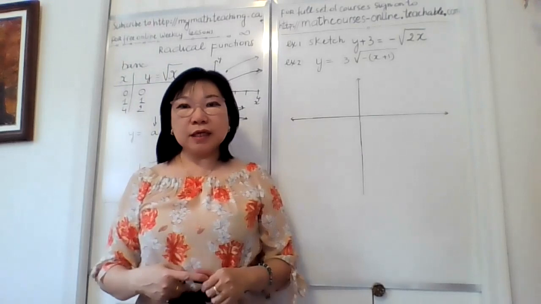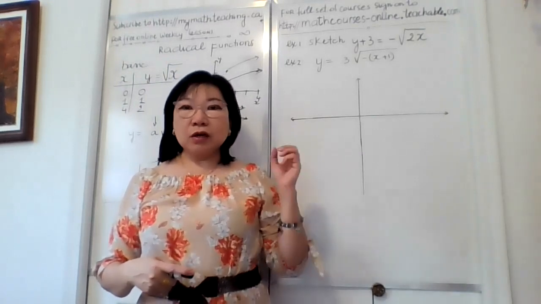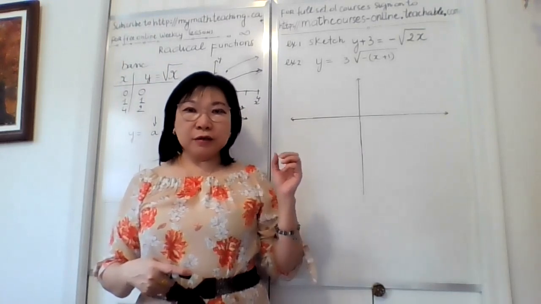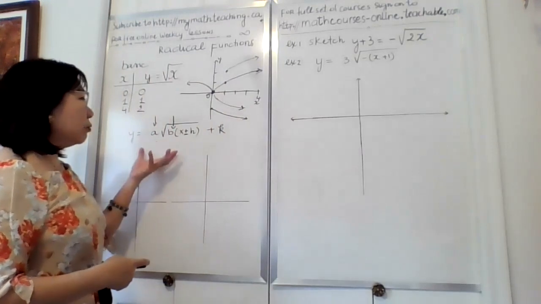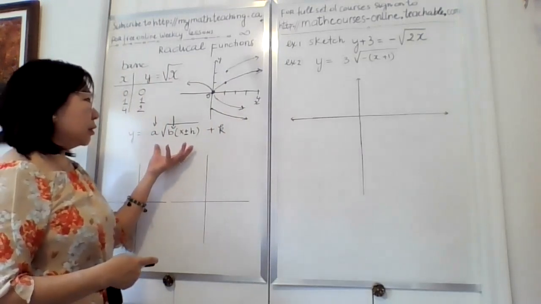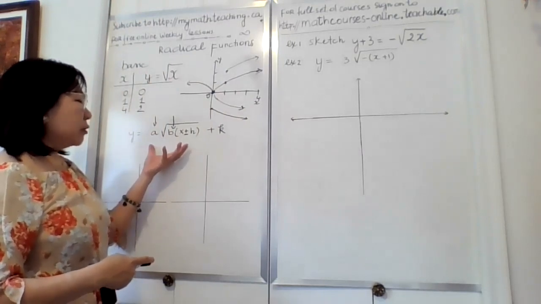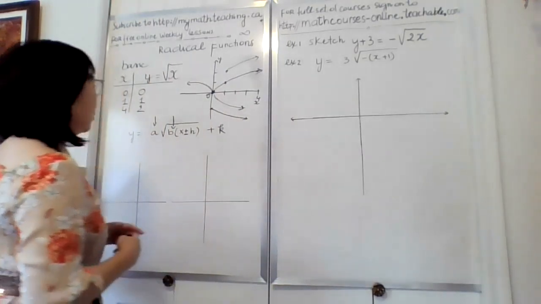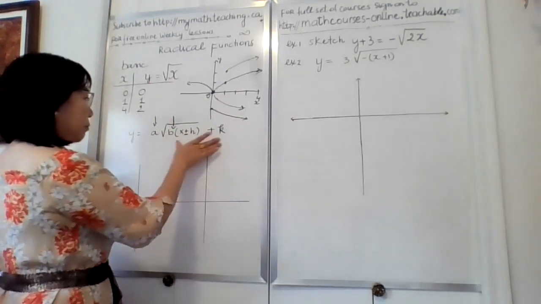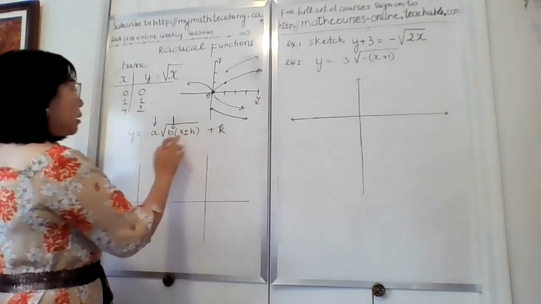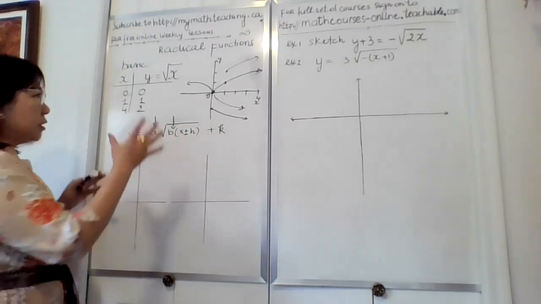In the next lesson, I will show you how to sketch it easily using the linear or the parabola, depending on the equations. So let's take a look at how we're going to sketch this function based on the transformation today.